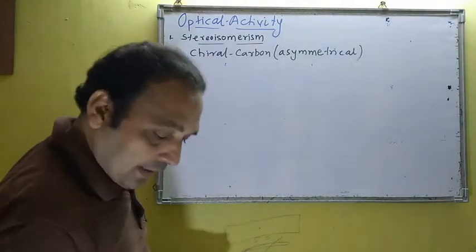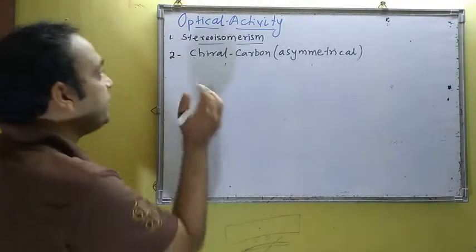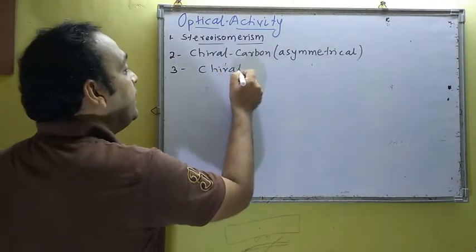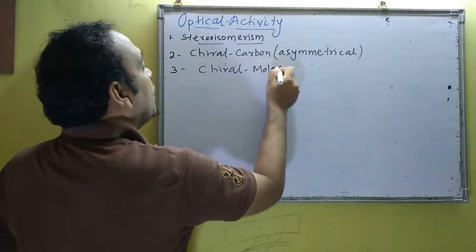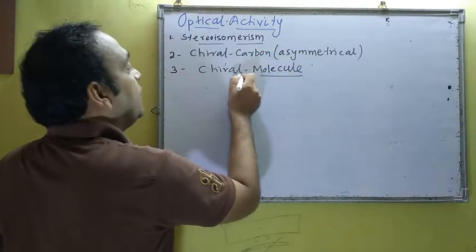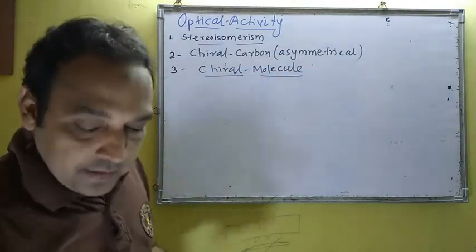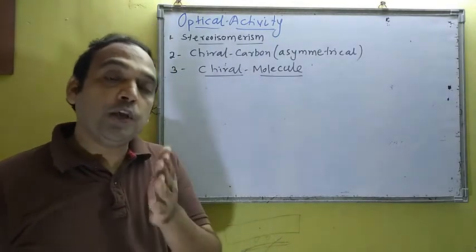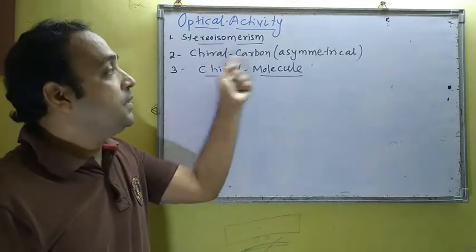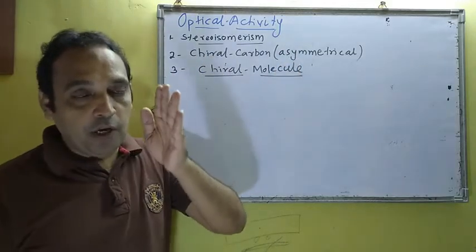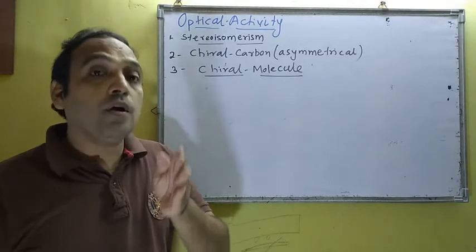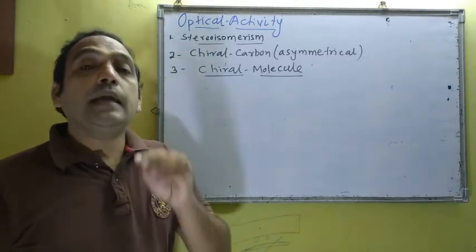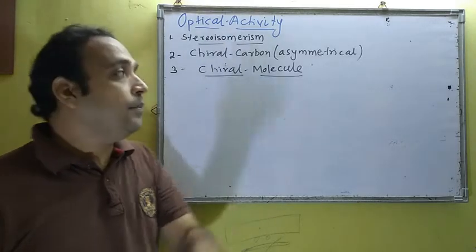Now after chiral carbon, our point of discussion is chiral molecule, and from here we will start the concept of optical activity. Okay, now my next concept is chiral molecule. Student, if a molecule contains a chiral carbon, asymmetric carbon, such a molecule cannot be superimposable.